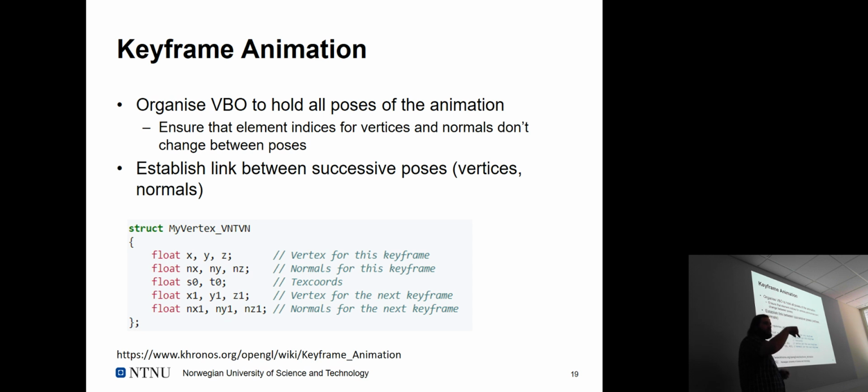So we have exactly the same vertices and normals, but just their values change. This consistency is a must to have successful keyframe animation, and we then establish links.